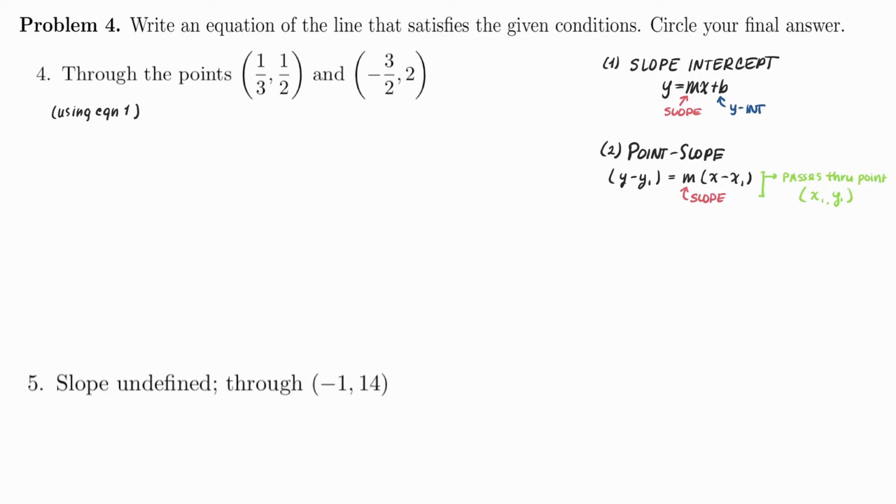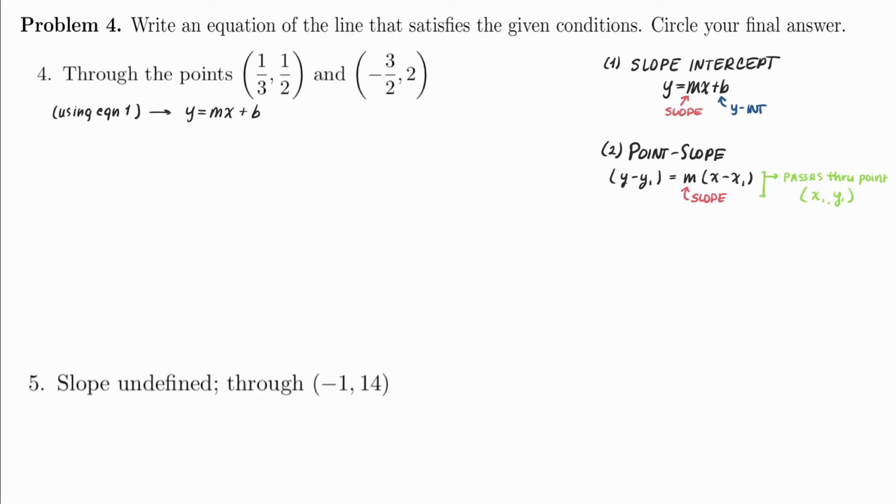So if I want something in slope intercept form, I want something of the form y equals mx plus b. So I need a slope and I need the y-intercept. Remember that slope is going to be y2 minus y1 over x2 minus x1. I'll go ahead and label these points: x1, y1, and x2, y2.